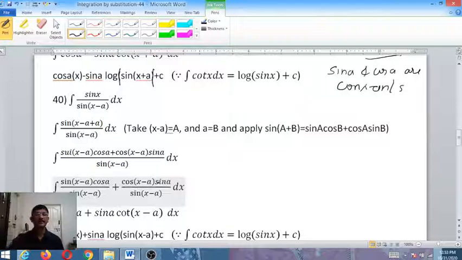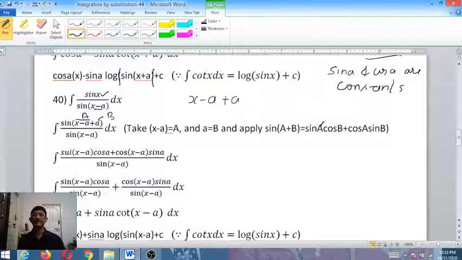Now look at it. Very similar to the last problem. Look at this. It is x minus a that is there, here only x is there. Write the numerator as x minus a plus a. Right. And you consider this x minus a as capital A and a as capital B. Sin of a plus b is sin a cos b plus cos a sin b.